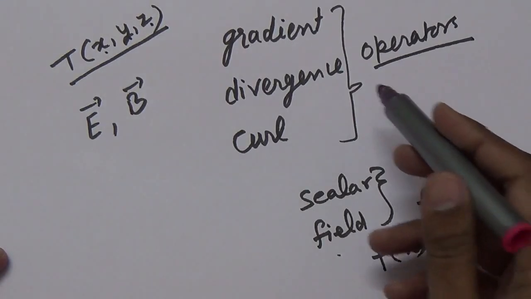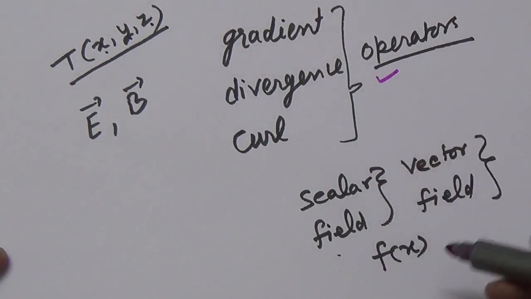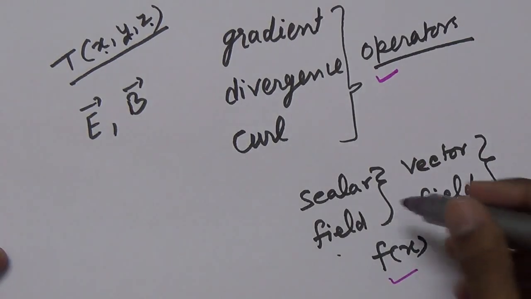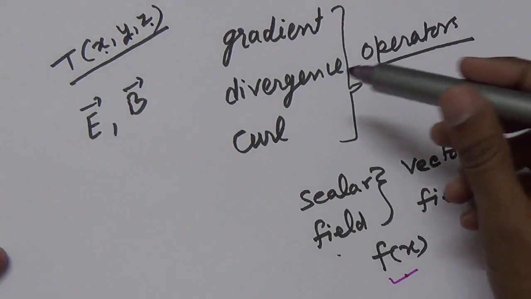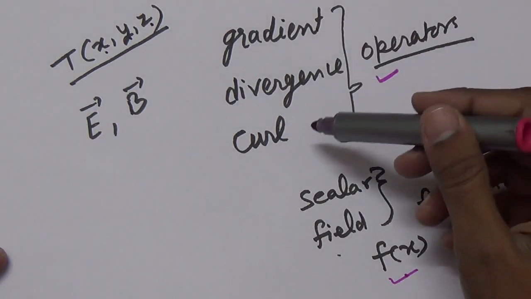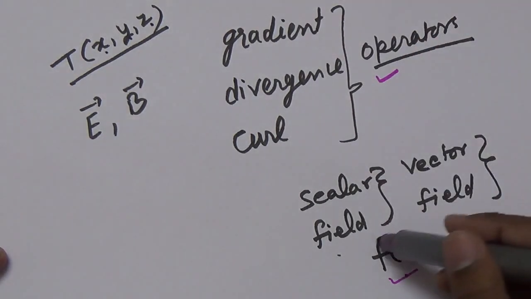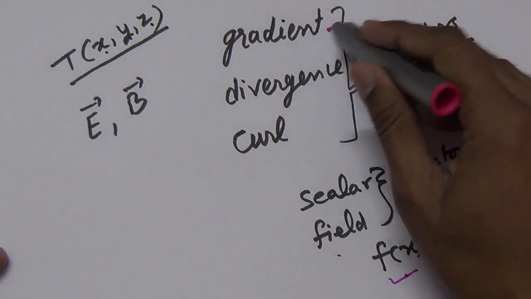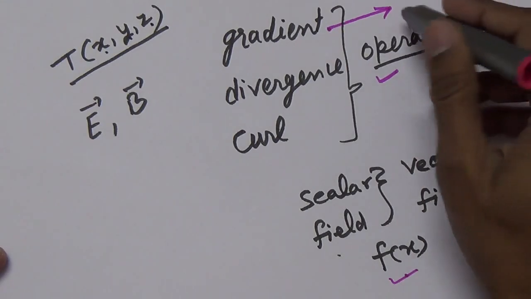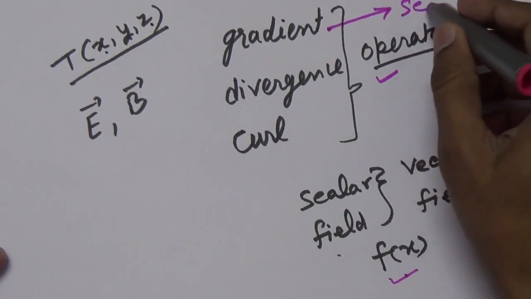For that purpose we have these operators and these fields, and we will treat these fields like a function. So we have to operate the gradient, divergence and curl operators on the field function. The first point is that the gradient operator always operates on a scalar field function.